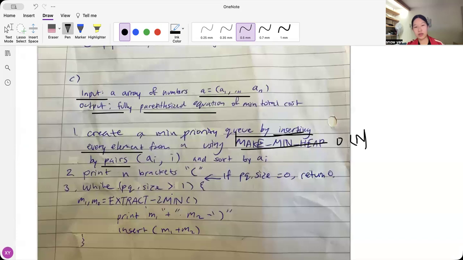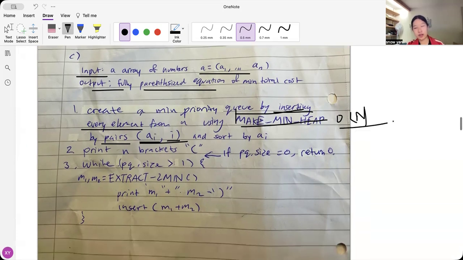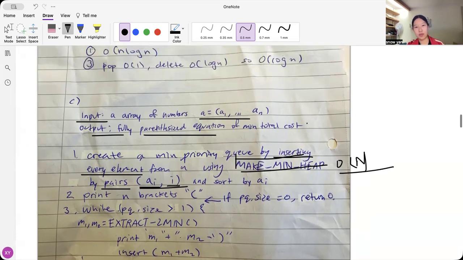In the actual answer key, they only kept the cost, which was kind of weird. But if you do want to recover it, you do want to keep the index, so you store in the minimum priority queue pairs ranked by A[i]. And then it would still be O of n. Nothing changes from here. I'm just going to print in brackets, just for the sake of representing it.